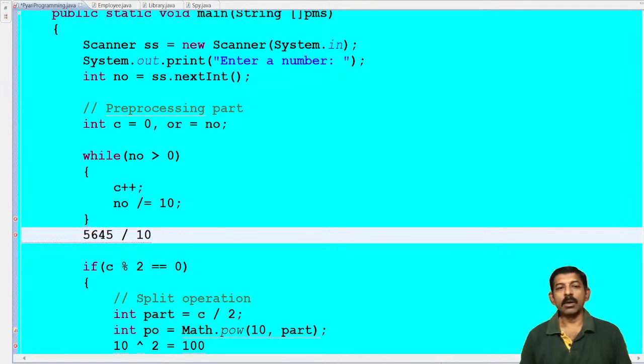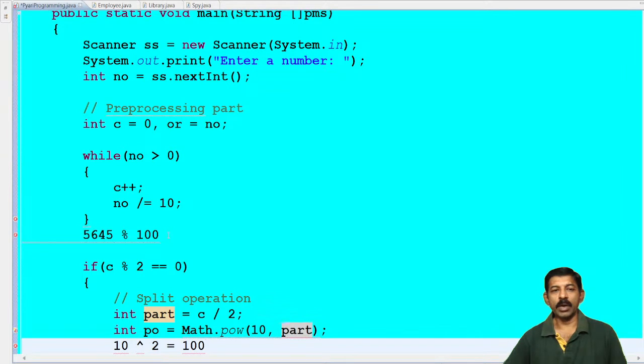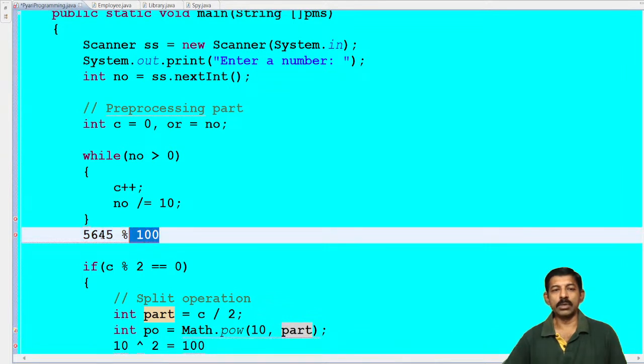Is it clear? But when I am using the modulo operator, I am getting the unit digit. But if I make it 100, I will get 2 digits. Now here I got part as 2. So 10 to the power 2 is 100. So that means I have to divide it by 100 to get the first two digits.